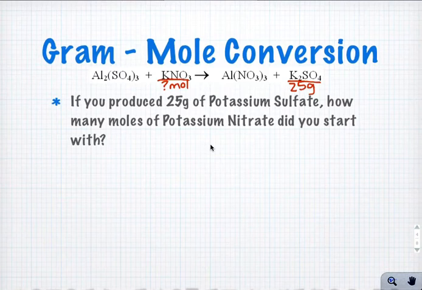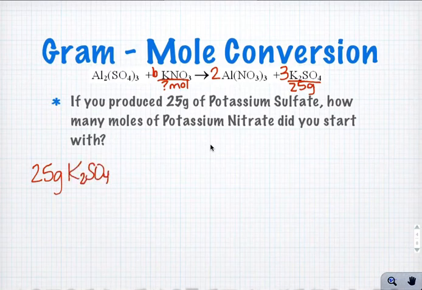To balance this, you need the coefficients of 6, 2, and 3. So now we can set out to do our stoichiometry. Whenever you're starting in grams, the first thing you're going to want to do, besides the given, obviously, is get this value into moles.